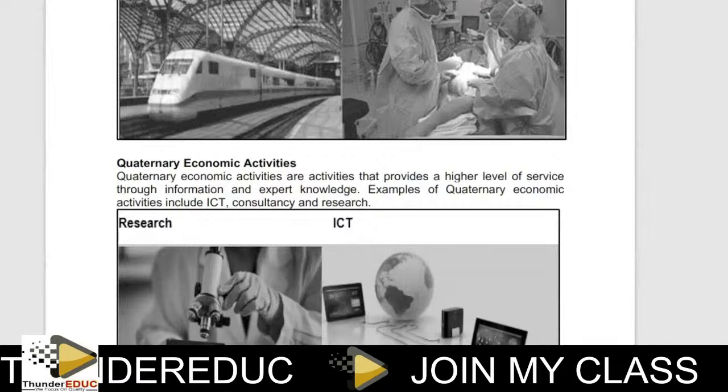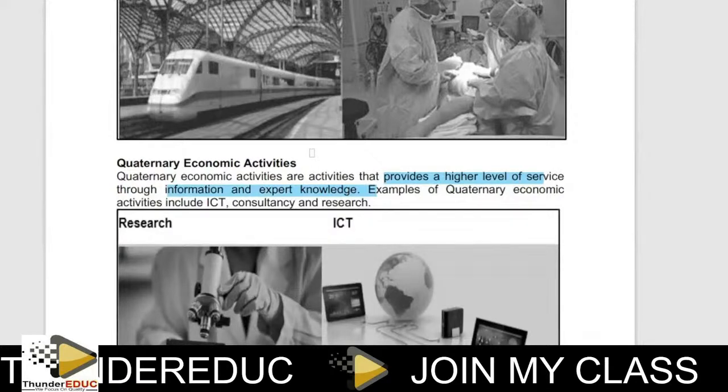So we go on and look at another economic sector, which is now the quaternary sector. The quaternary economic activities basically deal with the higher provision level of the service. In other words, it is information and technology. To make it a little bit easier, we say it is a sector that deals with research.